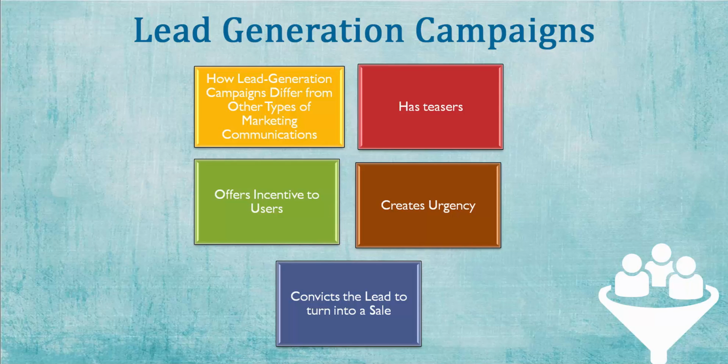And finally, if it's a lead generation campaign, the leads should at some point, ideally quickly if there are multiple campaigns, turn into a sale. So a generic non-lead generation campaign varies a lot from a lead generation campaign, and whenever you are creating one, these points should always be in mind.